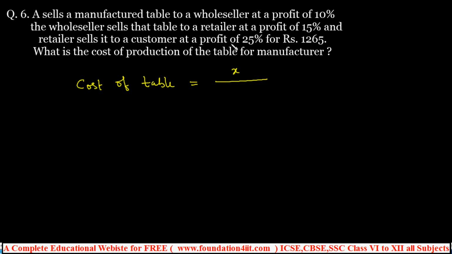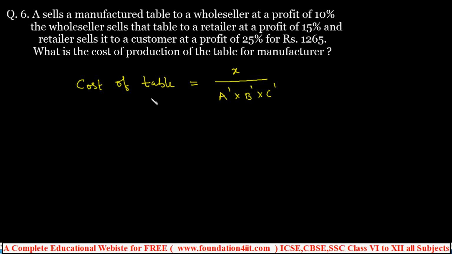Divide by 3 percentage changes. Manufacturer, wholesaler and retailer, 3 members. So let us take this A dash into B dash into C dash, 1 by 1, 3 members.